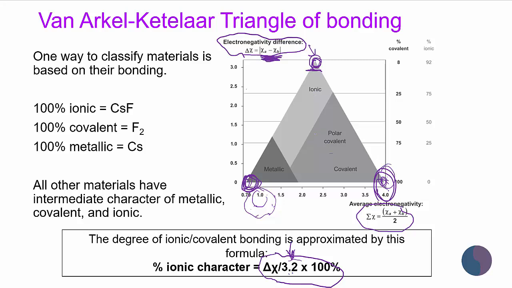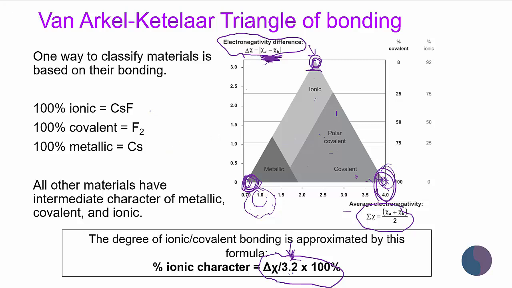Some things may have some ability of the electrons to move between the two elements, or there's going to be some pulling from both nuclei. And there's obviously some element of it pulling to one side more than another. So you basically grab the electronegativity difference and the average electronegativity and plot it and see where it lands. And that's what you're going to call it, either covalent, polar covalent, ionic, or metallic.